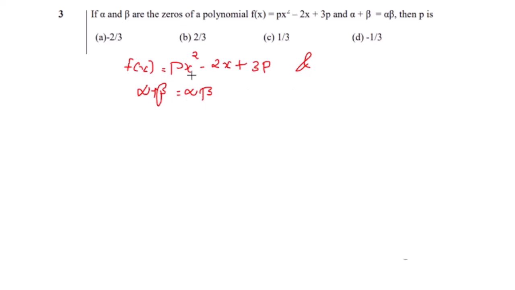Now we are given a polynomial, that is f of x is equal to px square minus 2x plus 3p.